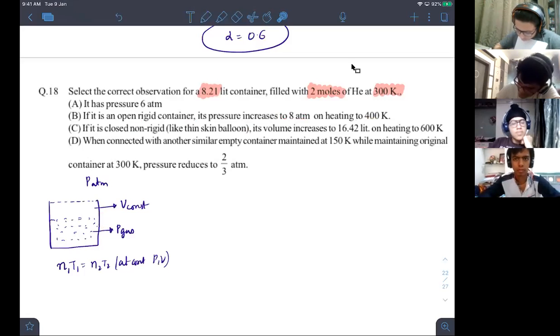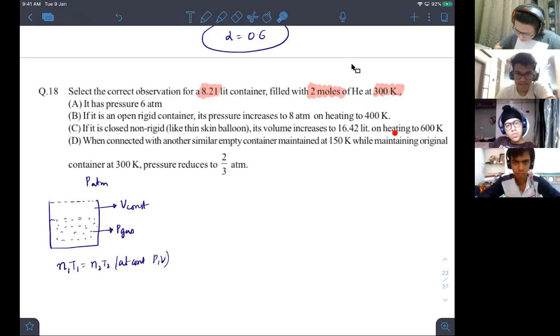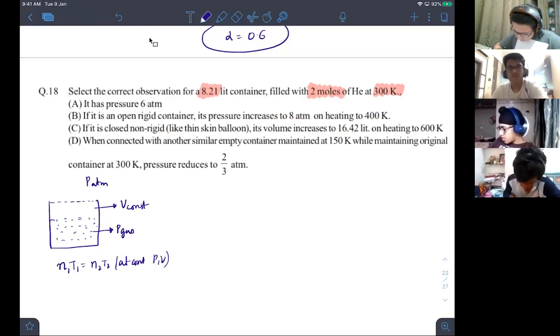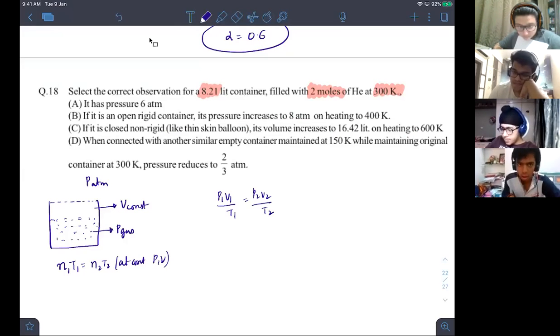Ranveer, did you follow that? Yeah. See the next one. If it is a closed non-rigid container, like volume is changing now, then what is happening on heating? Now the minute it is closed, which means the number of moles are constant now. So if the number of moles are constant, what is the formula you would apply? P1V1 by T1 is equal to P2V2 by T2. Now check if the option is correct.